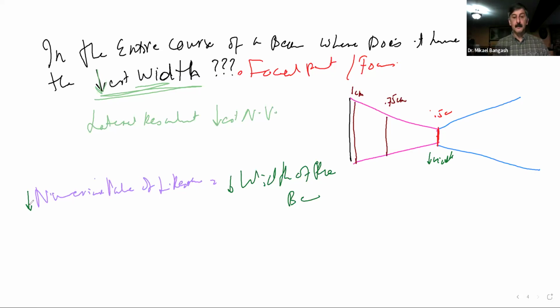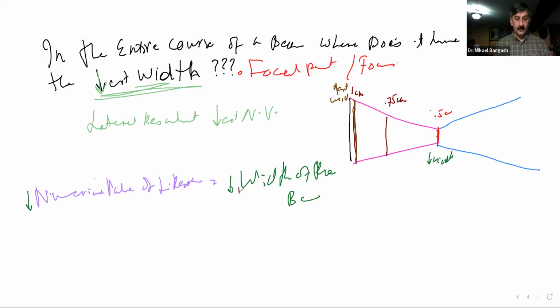Did that make sense? Whereas as far as a part of this here, we can say this would be where we have the greatest width of the beam, right? At this point here is where we have the greatest width of the beam.